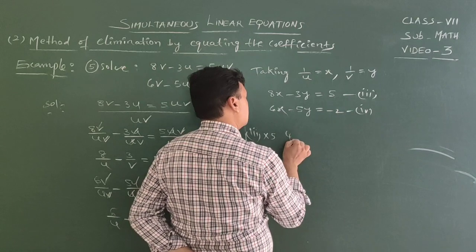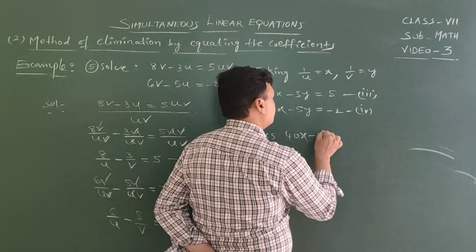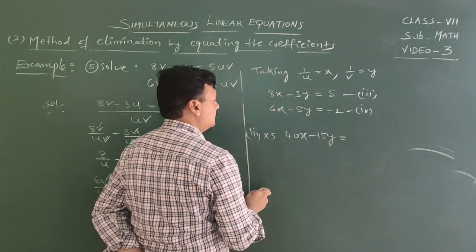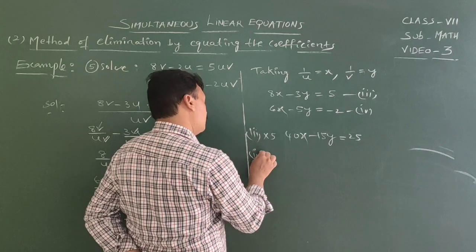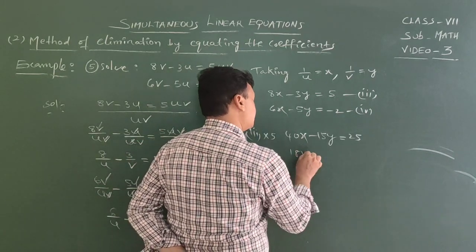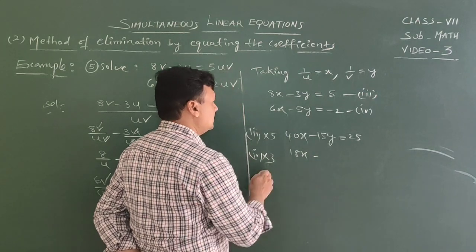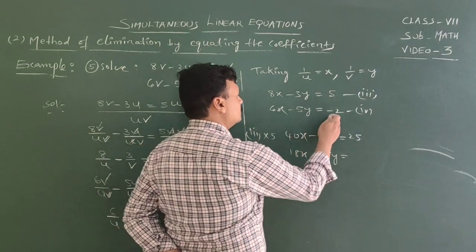Then 8 times 5 is 40x minus 3 times 5 is 15y, here 5 times 5 is 25. Equation 4 by 3. Now 6 times 3 is 18x minus 5 times 3 is 15y, 3 times 2 is 6.